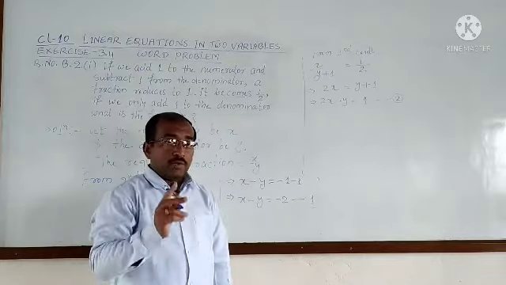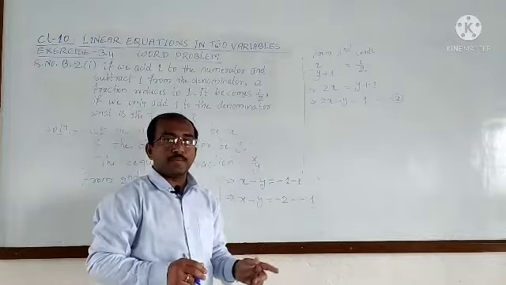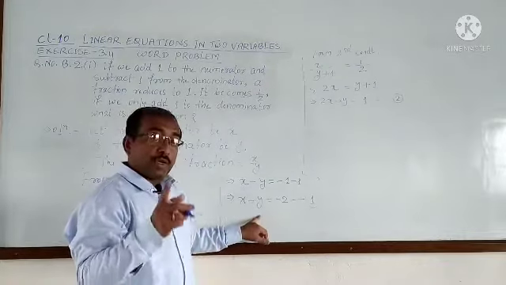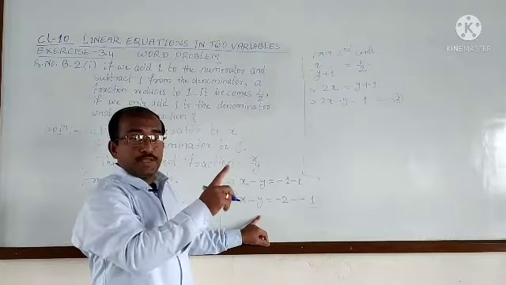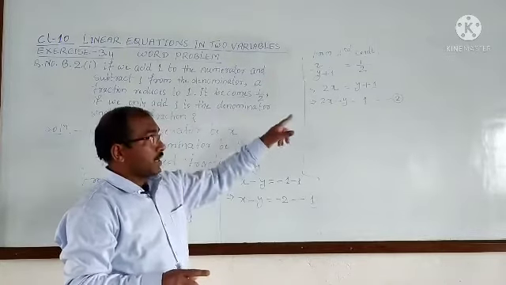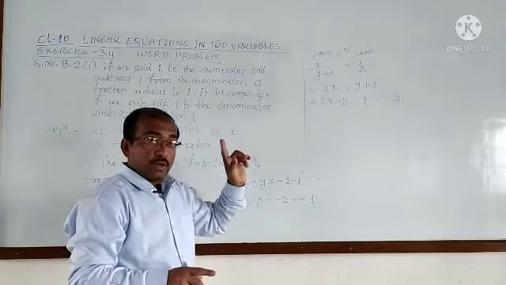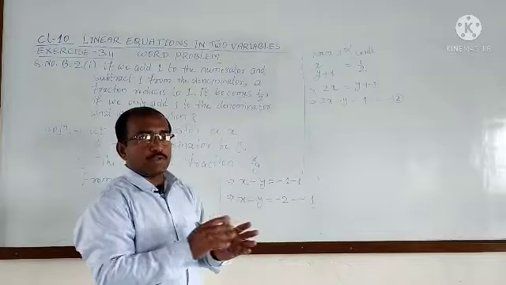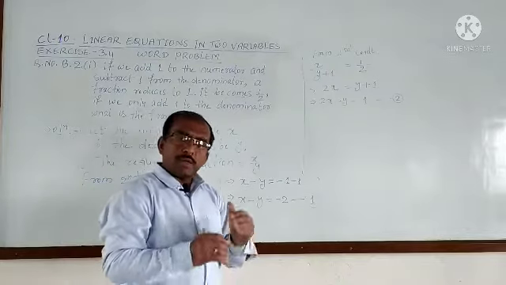If they have the same sign, we will go for subtracting them, and if they have opposite signs, one positive and another negative, plus minus, then we will solve by adding. I am talking about the term which has equal coefficients.